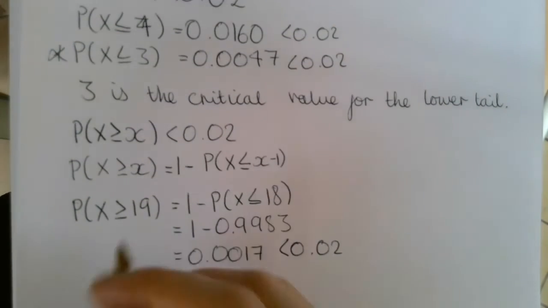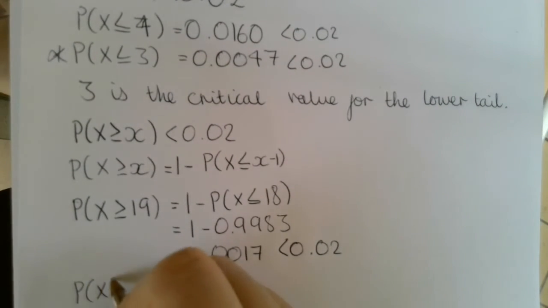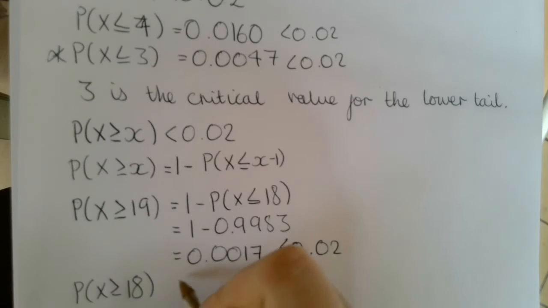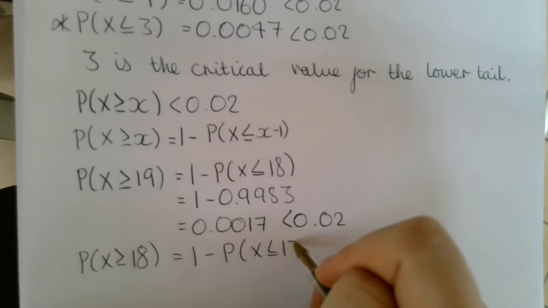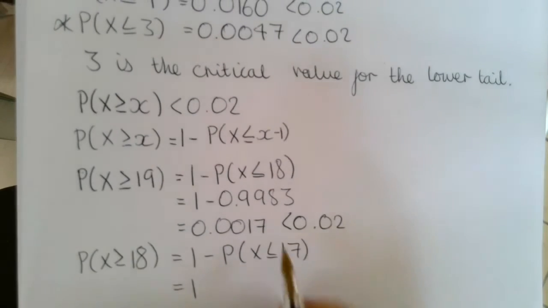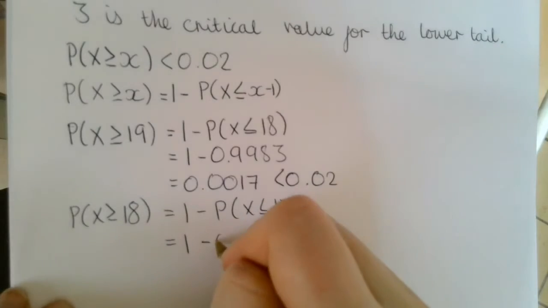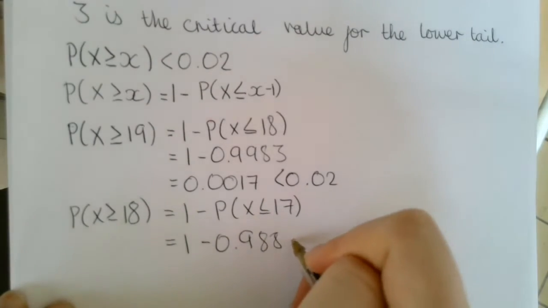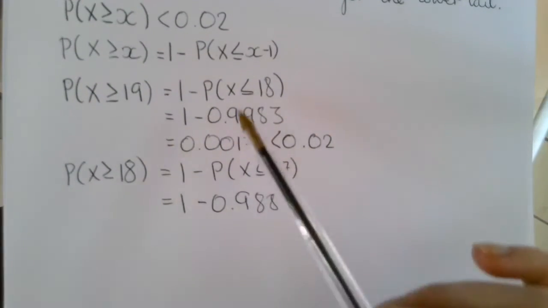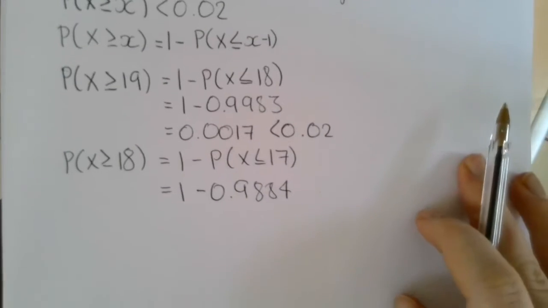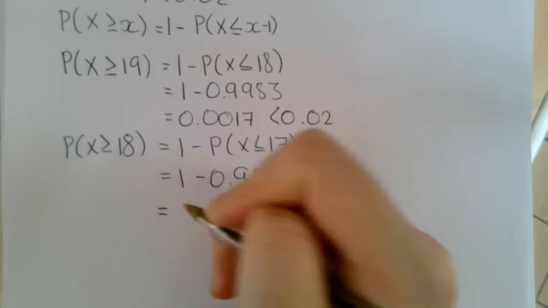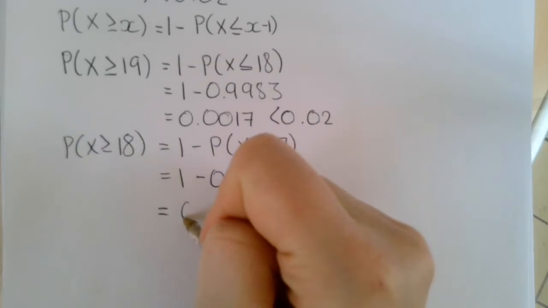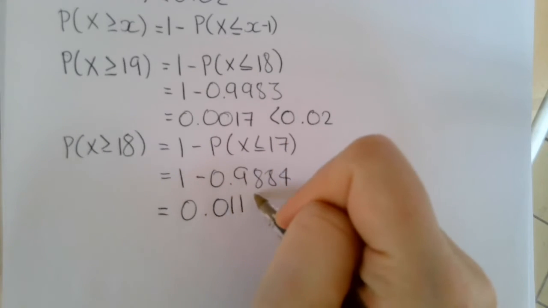However, I wanted to then look at the probability that x is greater than or equal to 18, which is 1 minus the probability that x is less than or equal to 17, because this value here was 0.9884. So both of these probabilities are going to be less than 0.02, but I just wanted to see which one would be closer to 0.01. So this is equal to 0.0116.